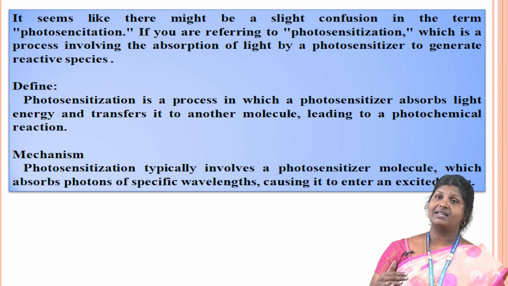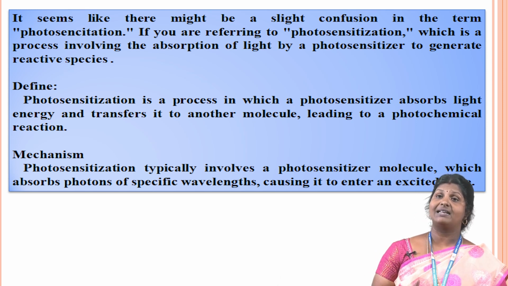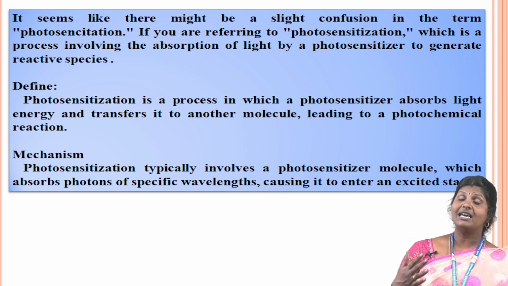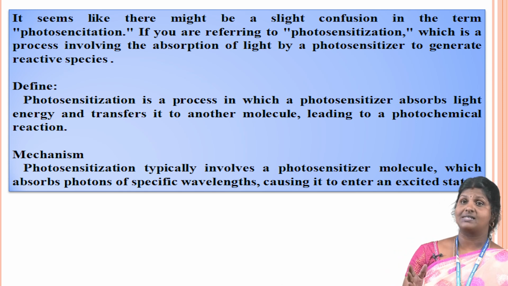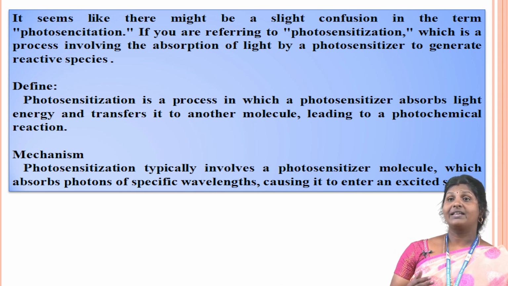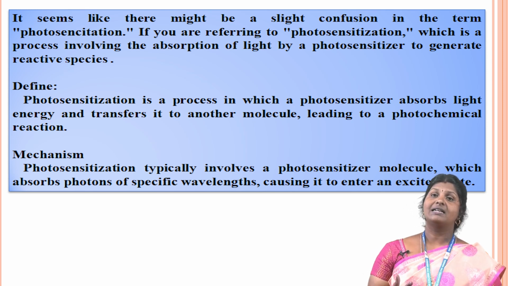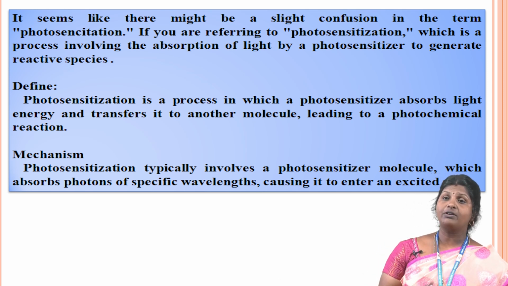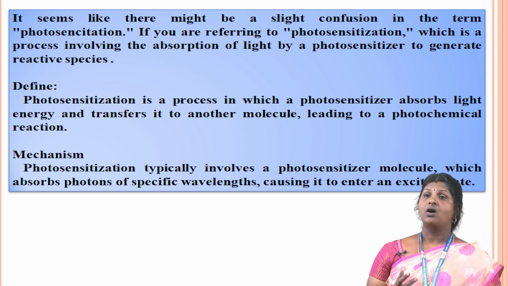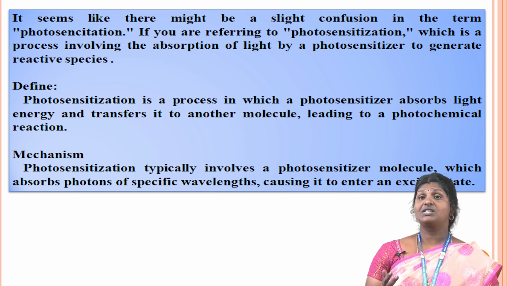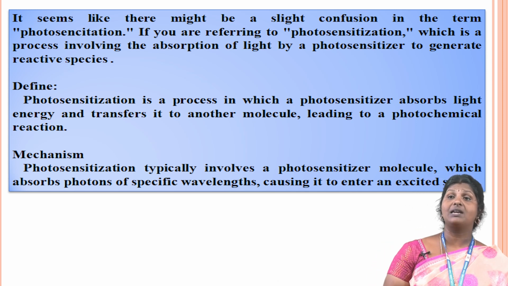In this excited state, the photosensitizer can transfer its energy to nearby molecules through various processes such as electron or energy transfer. This transfer of energy can result in the formation of reactive species like singlet oxygen, which can then participate in a chemical reaction.